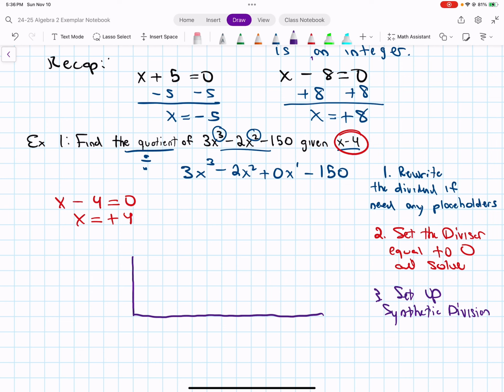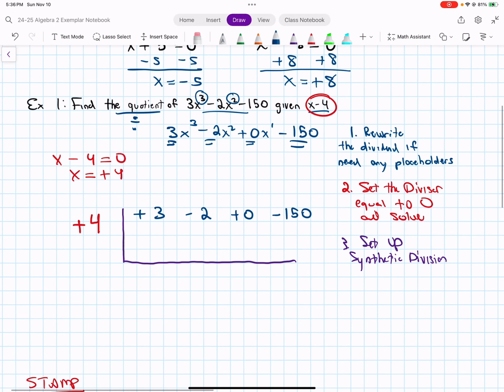It's going to be an L shape, where the solution to the divisor is going to be right here. And all of the coefficients from the highest degree to the lowest degree are only going to be written. So that's +3, not 3x cubed, +3, -2, +0, and -150. Again, I'm only using coefficients and constants when writing this.